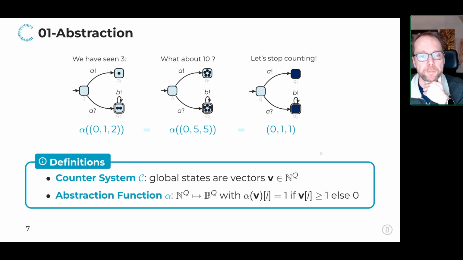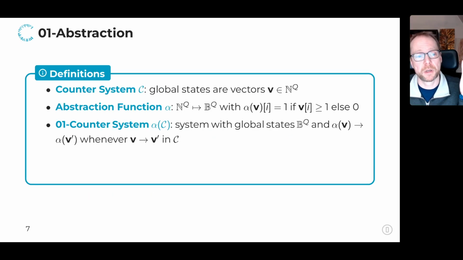So in our example, both of these states with 3 or with 10 processes, their abstraction is the same, and it's 0, 1, 1. So this is the abstraction of both of these states. And then based on such an abstraction function alpha, we can define a 0-1 counter system, which is defined in the standard way, an abstract transition system based on such an abstraction function.